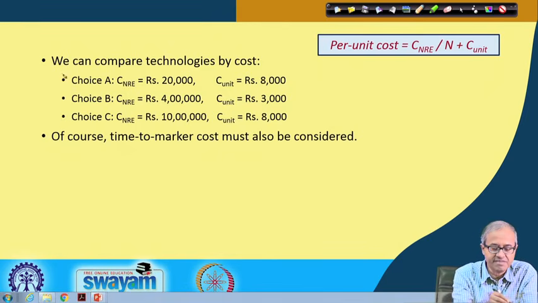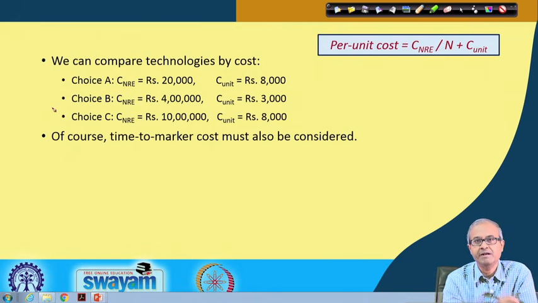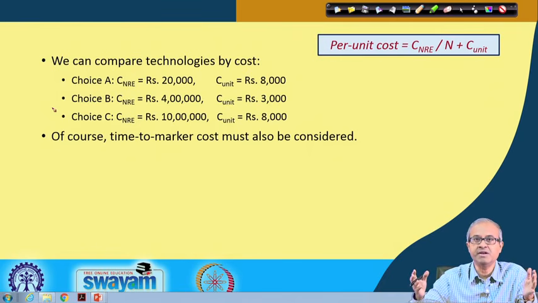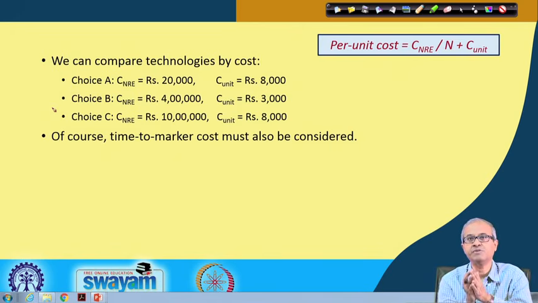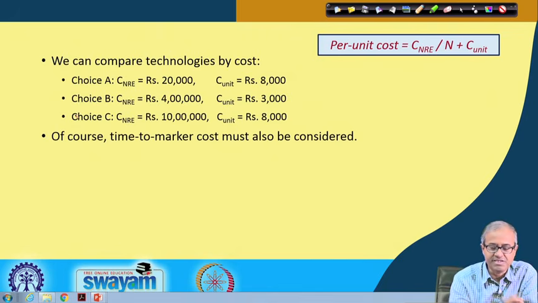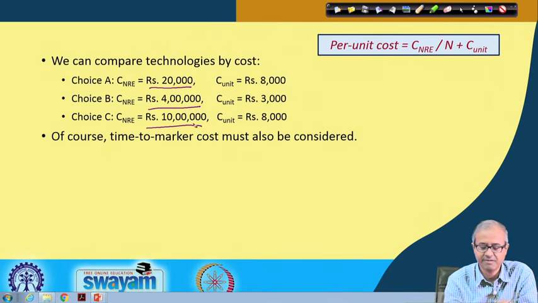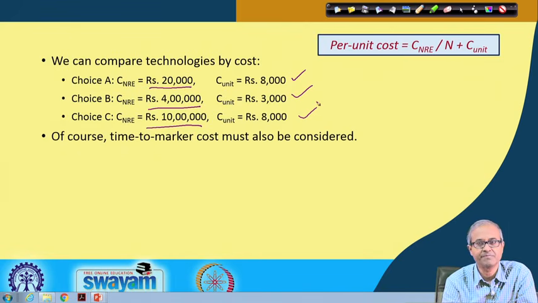Suppose you have several choices to manufacture a product. You see that there are several different kinds of equipment you can purchase to manufacture them, and the initial costs of the equipment are also quite different. Suppose you have three choices. For the first choice, the non-recurring cost is 20,000, second one 4 lakhs, third one 10 lakhs, and the unit cost for the three cases comes to this, this and this.